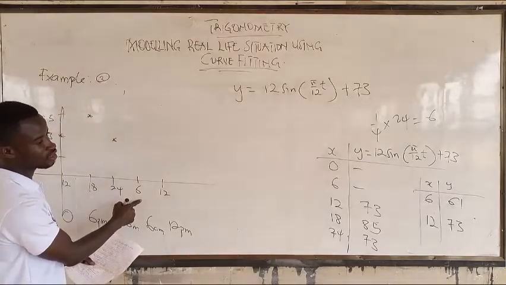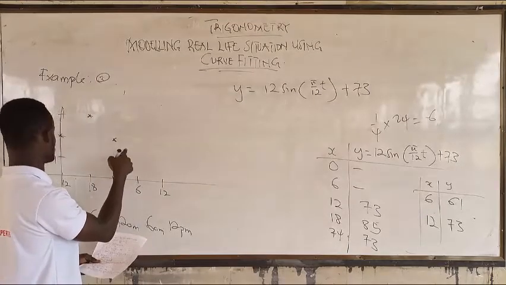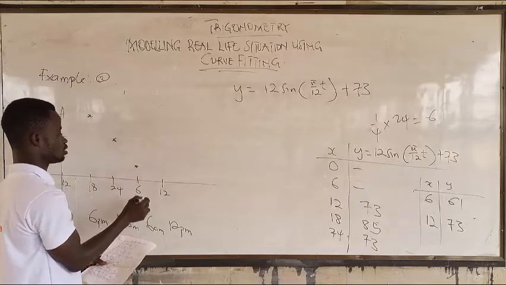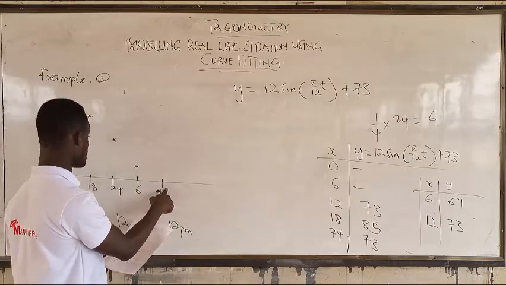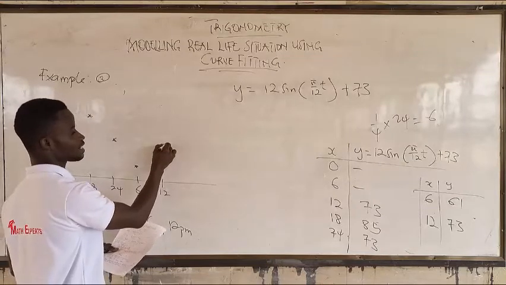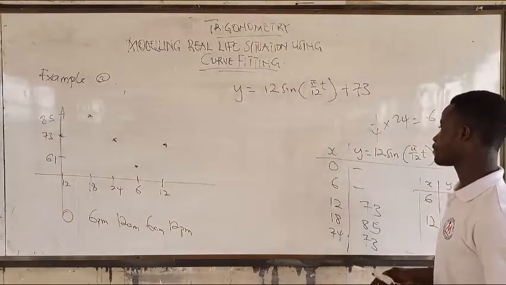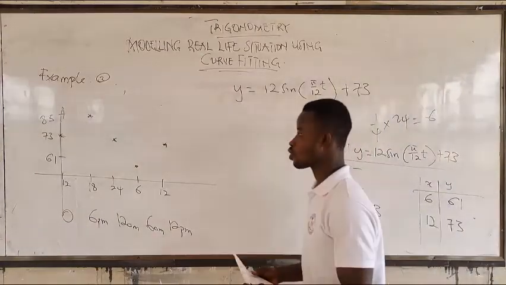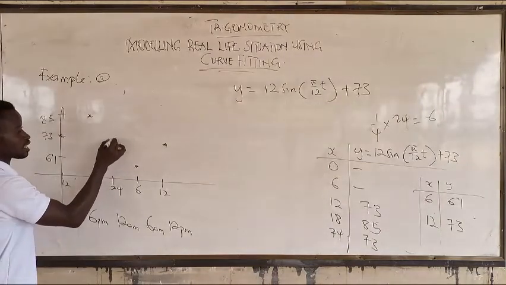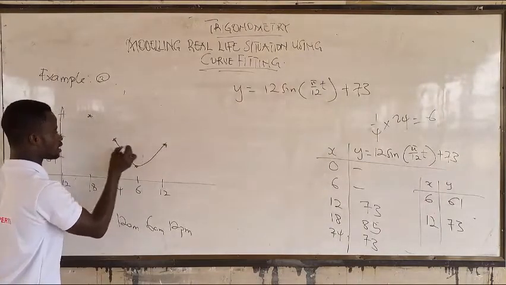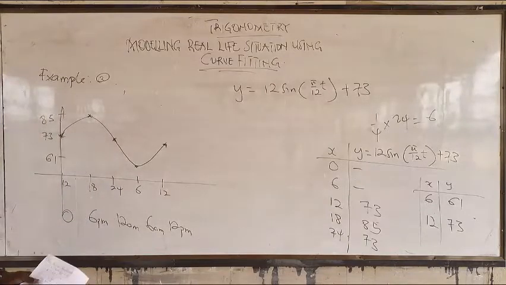And that ends for one period. Very good. So you draw it nicely and join it nicely like that. So that is what the graph is going to be for that.